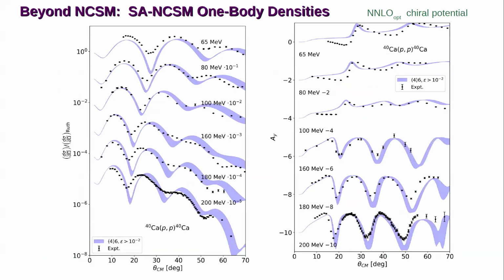Then we did a bunch of calcium because calcium is so well measured, and we see the following. Yes, the diffraction pattern is too deep, and when we go higher, it moves slightly over. That must have to do with scattering because densities are definitely not energy dependent. The spin observable, the AY, is actually described pretty well for an ab initio calculation without fitting anything.